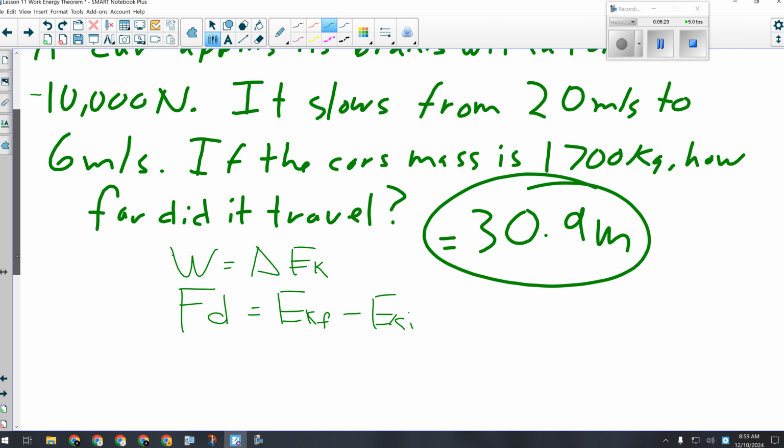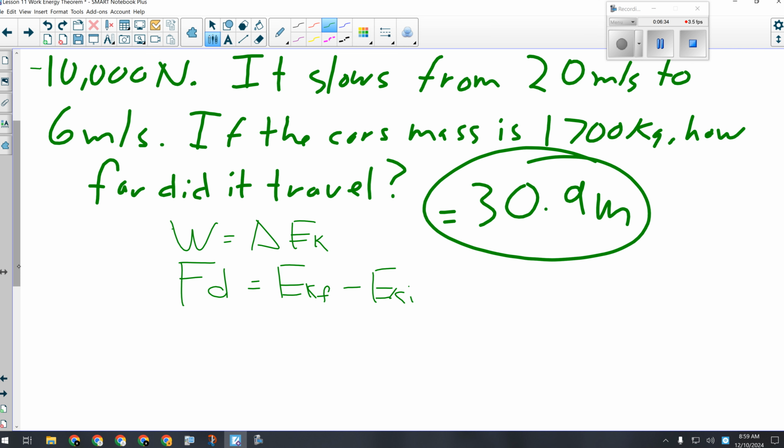I'm trying to figure out how far the car travels. What am I looking for? Distance. So I've got to move force over to the other side. We just finished saying force is negative, so when I do this operation, EKF minus EKI, I get a negative number. But that's okay. I'm going to divide by a negative number, and a negative divided by a negative is positive.